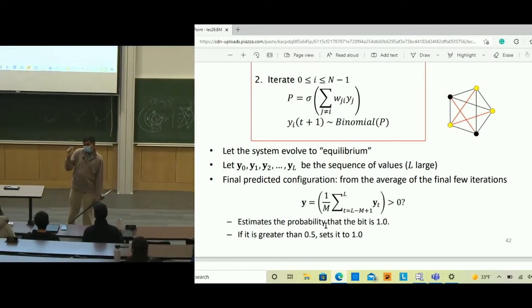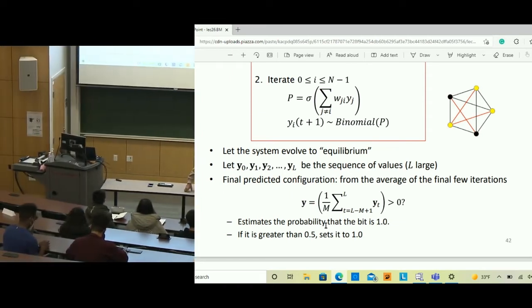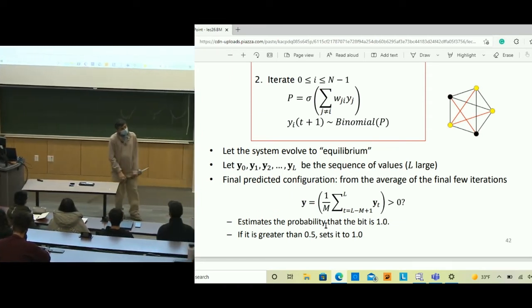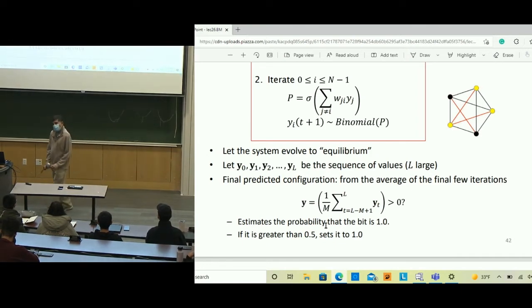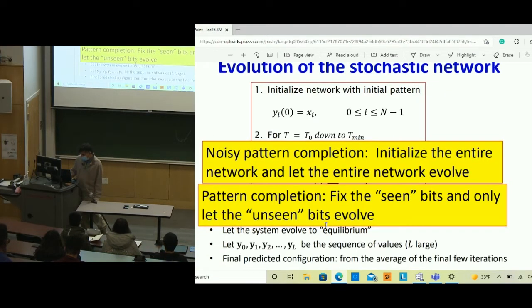If the number is greater than 0.5, you set it to 1. If it's less than 0.5, you set it to 0. So that lets you come up with a specific value. You're basically computing the expected value of the state. You can use this for both noisy pattern completion and for filling in the data.